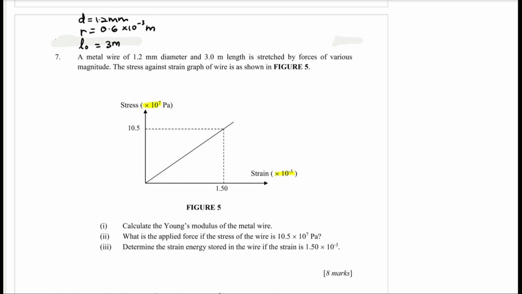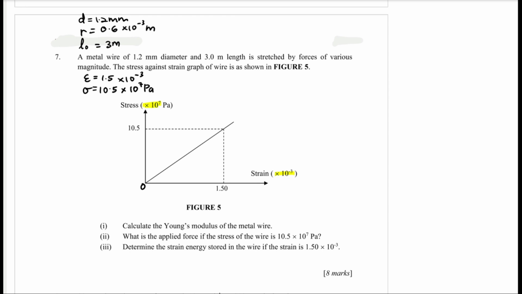Okay, so semua kita dah tukar kepada SI unit. Okay, so this is start from 0. So, if the strain, you can see here, if the strain is equal to 1.5 times 10 power of negative 3, strain tak ada unit, stress dia adalah equal to 10.5 times 10 power of 7 Pascal.